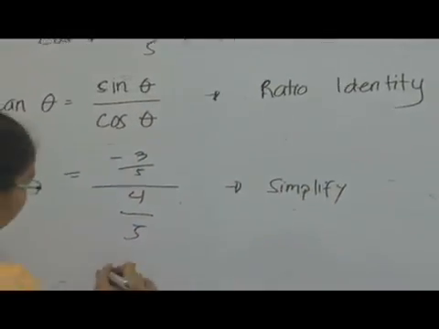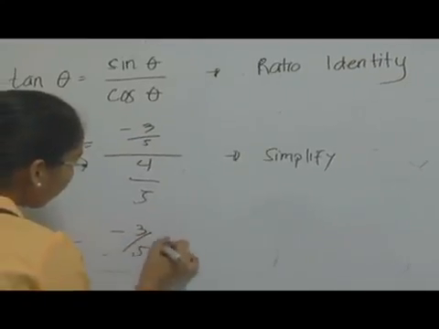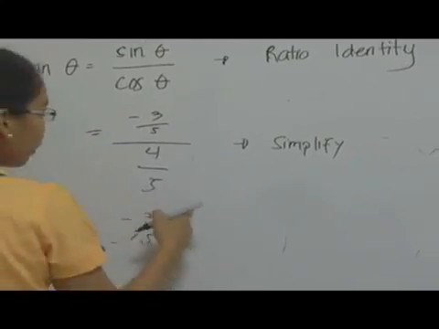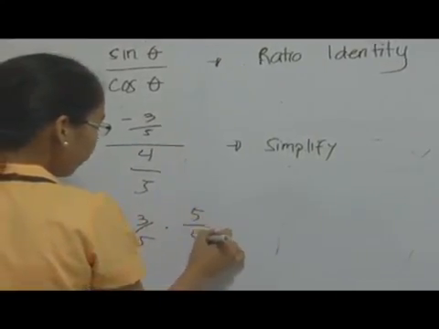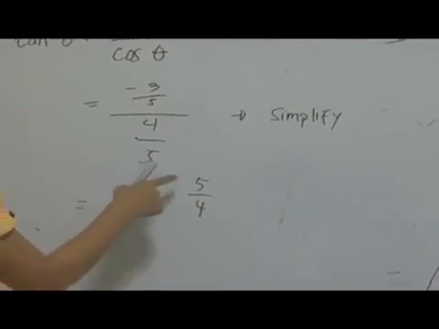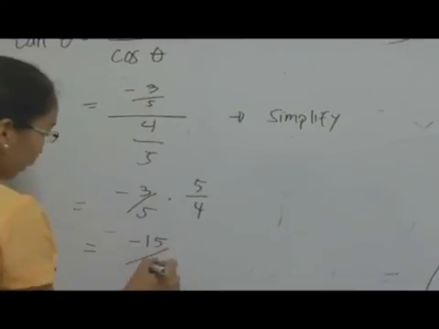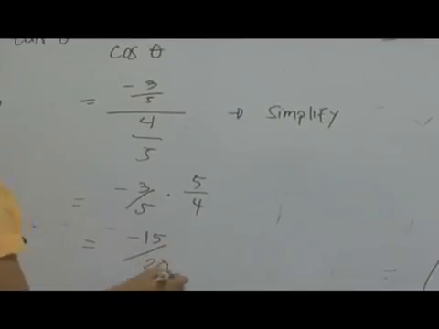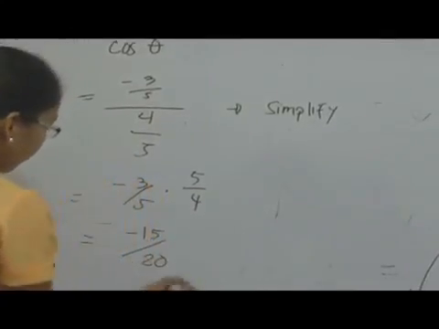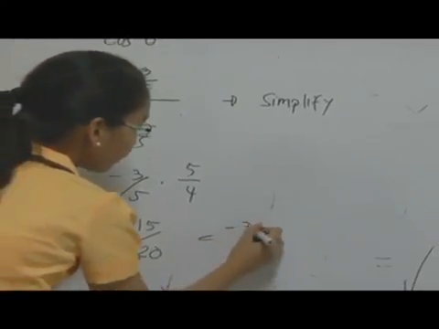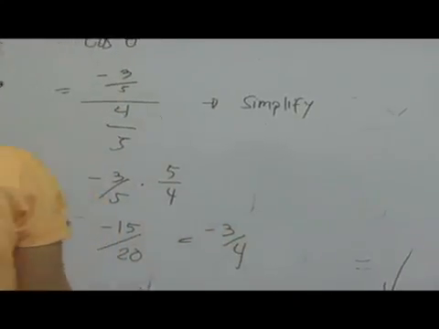This will become negative 3 over 5 times the reciprocal of the denominator, which is 5 over 4. This is just equal to negative 3 times 5, that is negative 15 over 20. The tangent theta is negative 3 over 4.